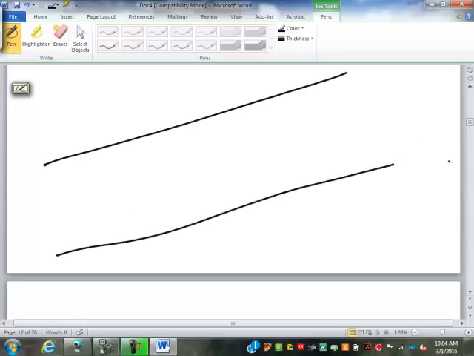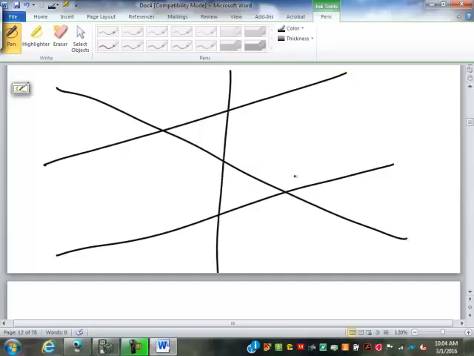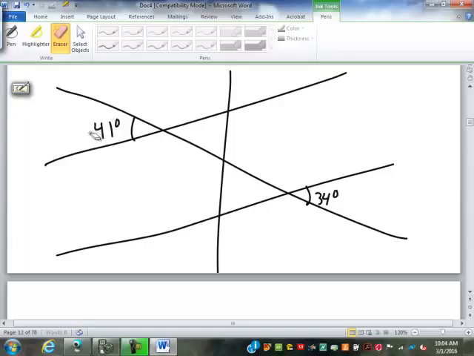So those two lines are parallel, at least pretend they are. And let's say that this angle here is 34 degrees. This angle here is 41 degrees. Nope, that's not what I was shooting for. That can't be.